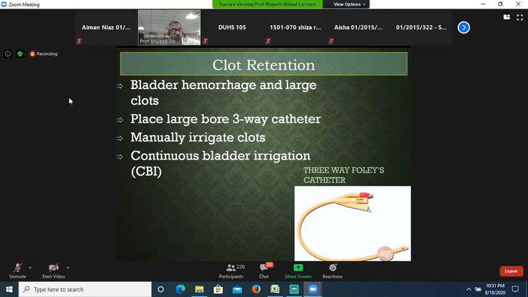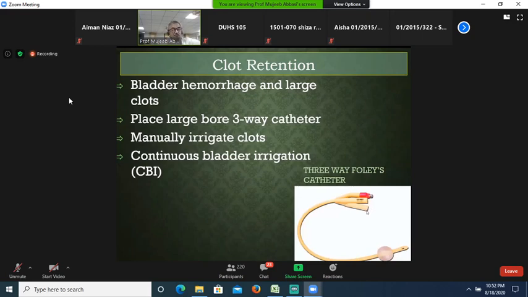The issue with normal saline sometimes is that if you are irrigating with a larger amount, say 3 to 4 liters, because the clots are there, you have to run it continuously. If you do it slowly, then the clots will form and block the channel. So you have to run it faster, like opening a small tap of water.